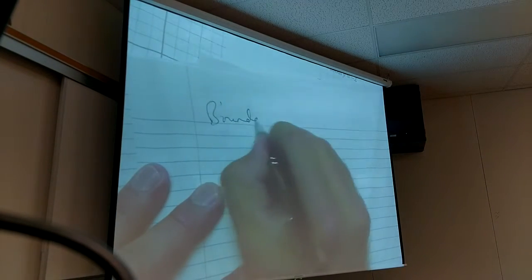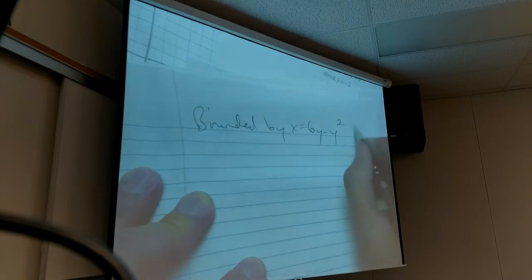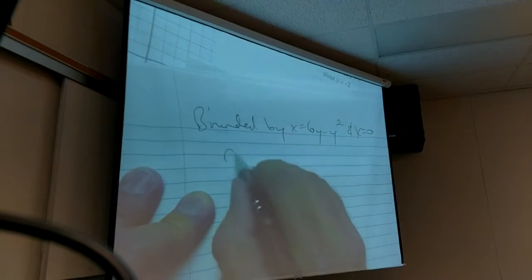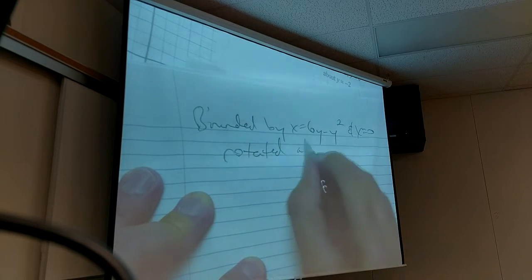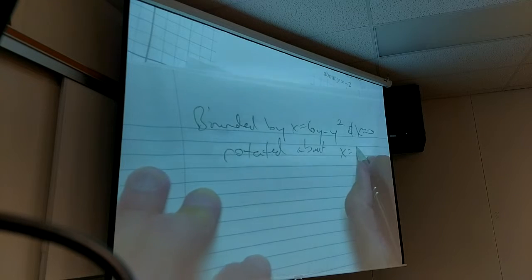Okay. All right, so let me mess this up one more time. Same region. So hopefully you're not tired of the region here. Bounded by x equals 6y minus y squared and x equals 0. Rotated about x equal to, what did I say? It doesn't really matter.